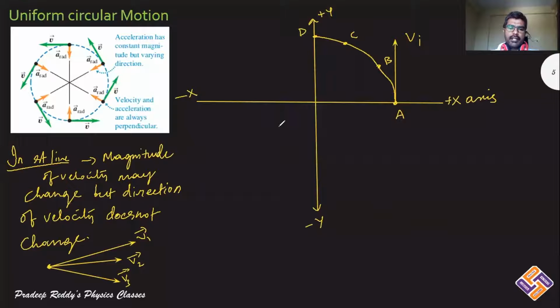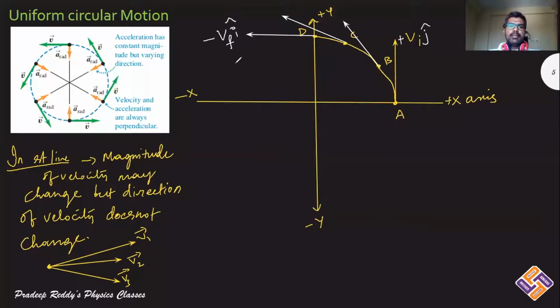If you observe carefully, the direction of velocity changes continuously with respect to time. At B, the direction of velocity is like this, and at C, the direction of velocity is like this. At D, the direction of velocity is like this, and this is v final, along the negative x-axis, so I can write it as minus i cap, and v initial is positive j cap.